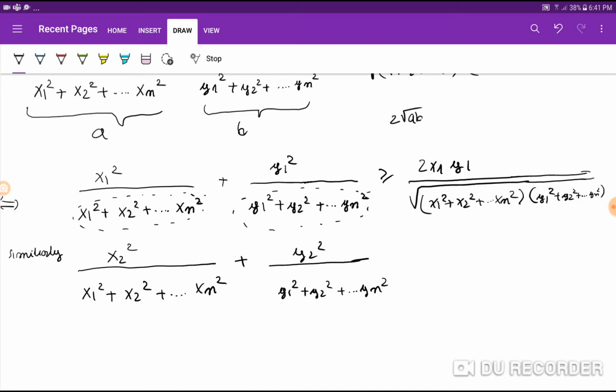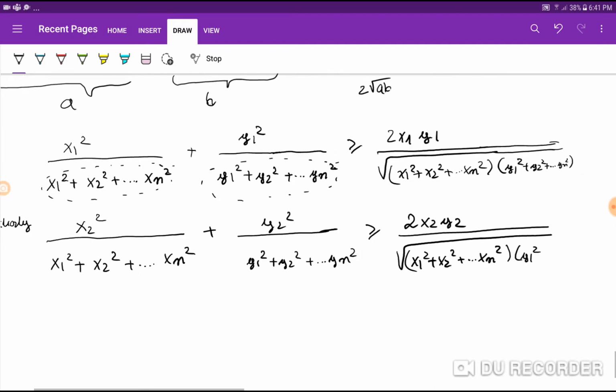A number plus a number is greater than or equal to twice the square root of their product, so you do the same analysis and arrive at 2x2 y2 over the square root of x1 square plus x2 square plus all the way to xn square times y1 square plus y2 square plus all the way to yn square.